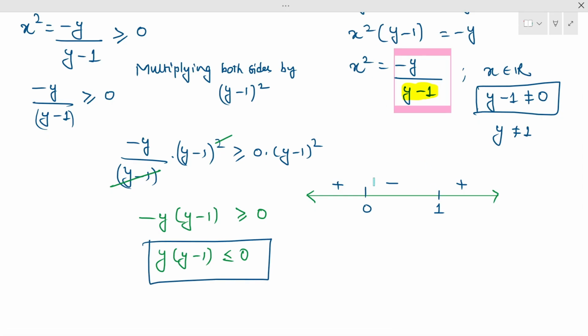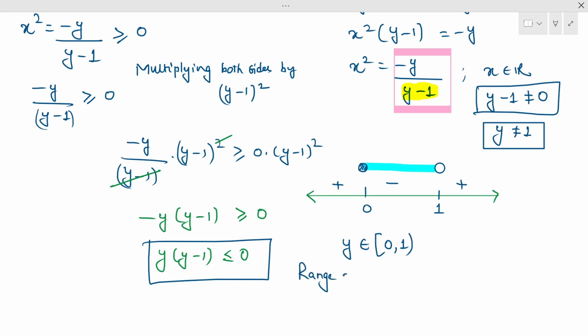What will be the negative part? This. But at 1 we will have an open circle, because we cannot take y as 1, but for 0 we can have a closed circle. So y will belong to [0, 1). So what's the range of f(x)? The range of f is [0, 1).